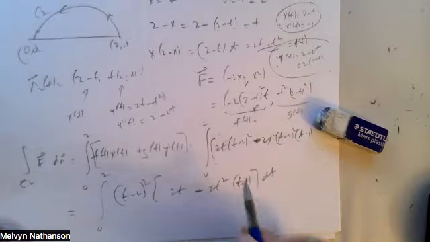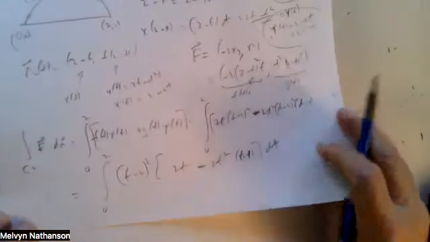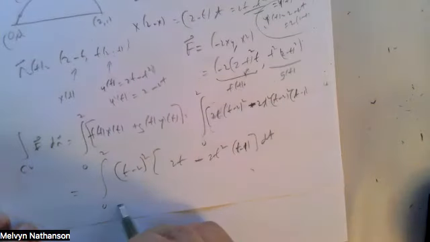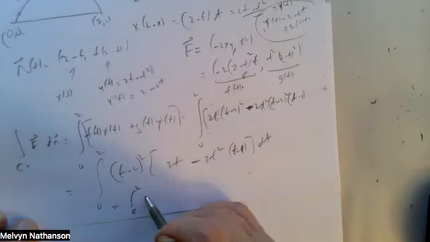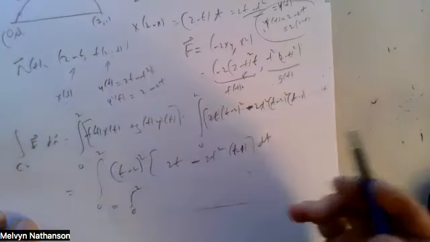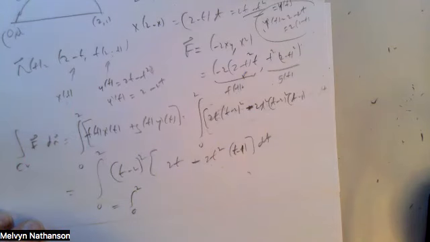So I have to calculate this integral, which is just baby calculus. Let's see, what is this? This is the integral from 0 to 2 of (t minus 2) squared... You just have to multiply two polynomials, I guess, unless I made some other mistakes along the way.